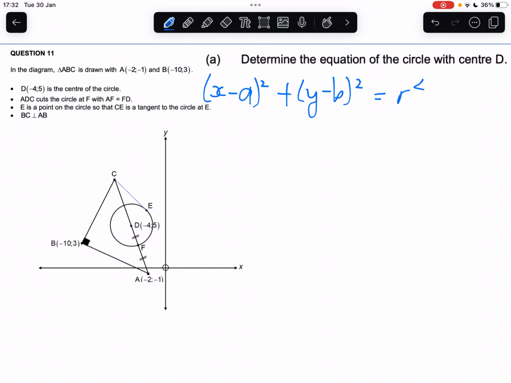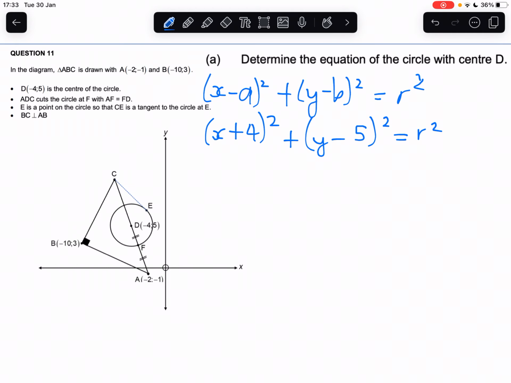We already know the center, so this particular circle's equation is x plus 4 squared plus y minus 5 squared, and then what we don't know is the value of r. So let's see if we can use the information we've been given to figure that out.